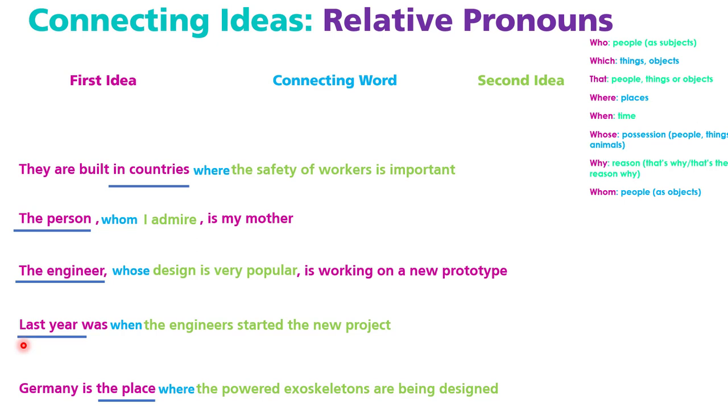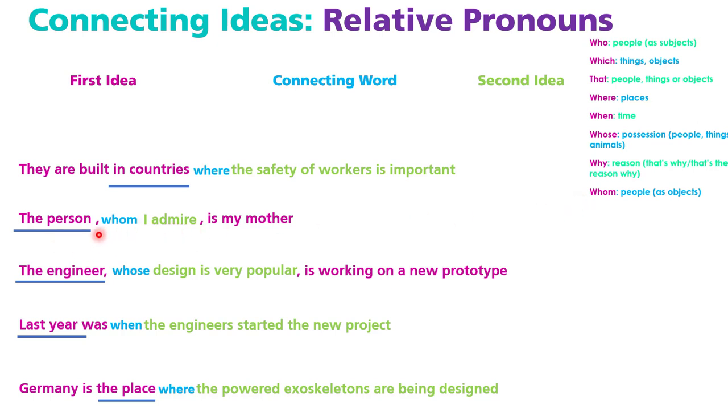Okay, guys, so what you need to remember in this lesson is something very simple. Number one is how you can connect the ideas using who, which, that, where, when, whose, why, and whom. Remember the meanings. When you want to add extra information, you usually use commas.